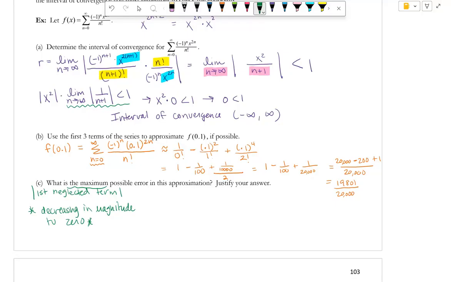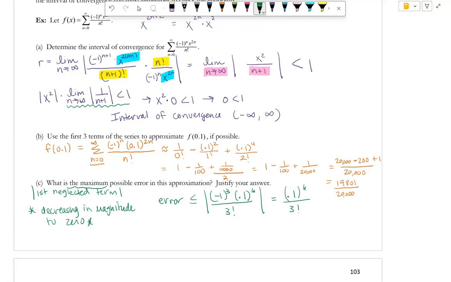So I need to use my fourth term, and that's going to be when n equals 3. So my error will be less than or equal to the magnitude of what I get when I plug a 3 in for n. I can just get rid of the negative part because I'm finding the magnitude, aka the absolute value here. So I get 0.1 to the 6th power divided by 3 factorial.